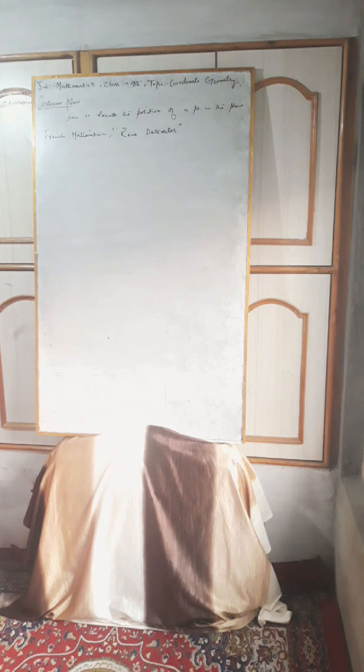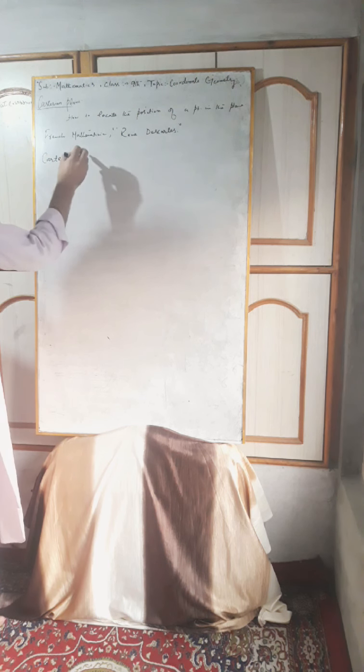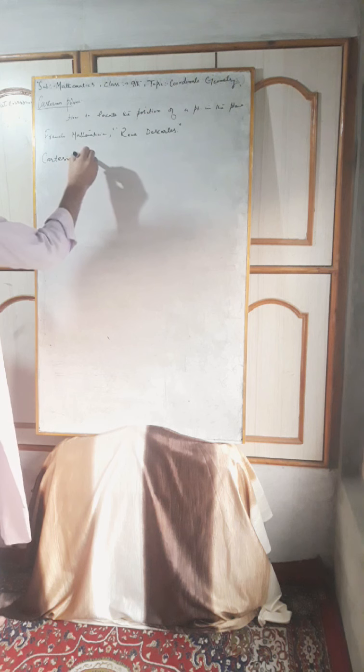He gave the concept of locating the position of a point in the plane, and in his honor, the system developed for locating the position of a point in the plane is known as the Cartesian plane.